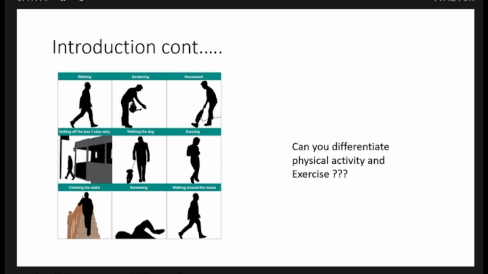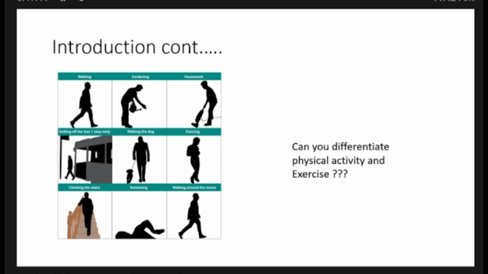Second one is gardening. In gardening, you never know what you have to do during that time, so it belongs to physical activity. Third one is household work, that is also physical activity. Another one is the kind of advice we give as doctors to patients: if you are not physically active, get off one stop before your destination and walk. Since it is a walk, it counts as exercise.